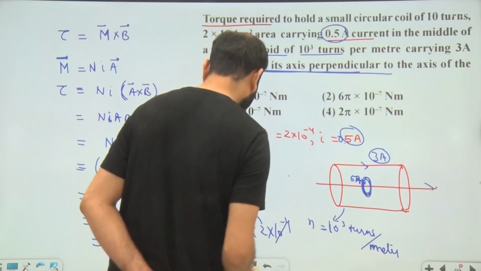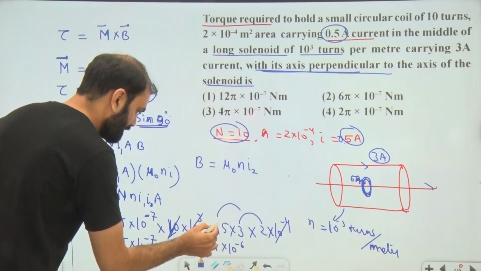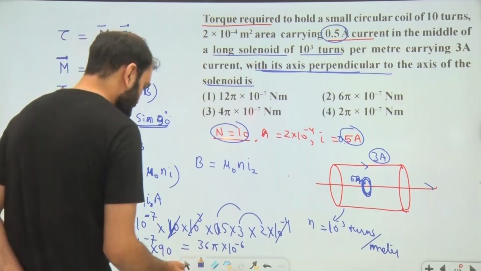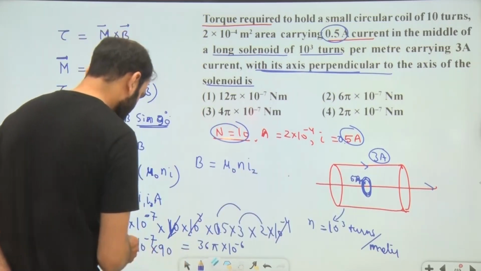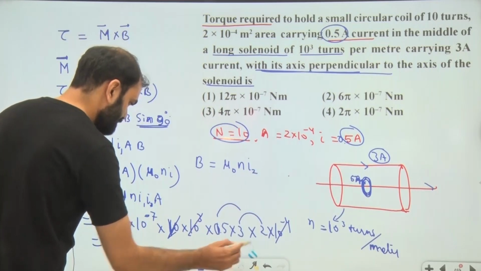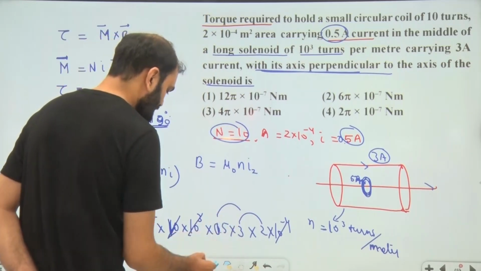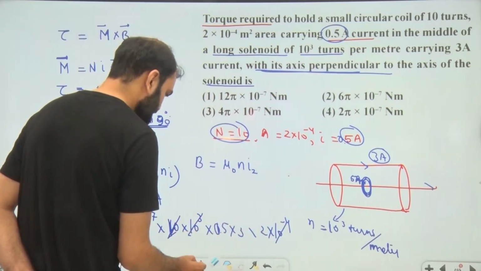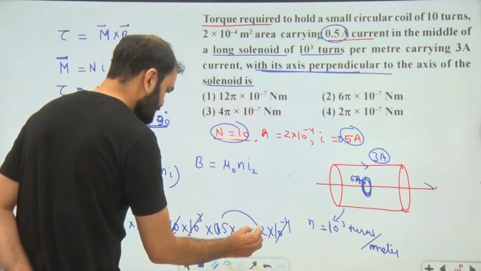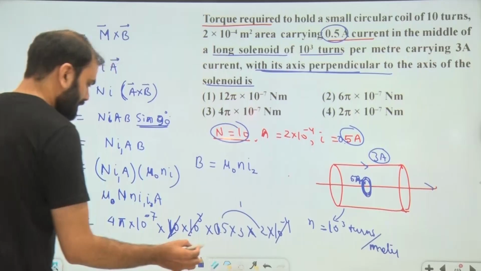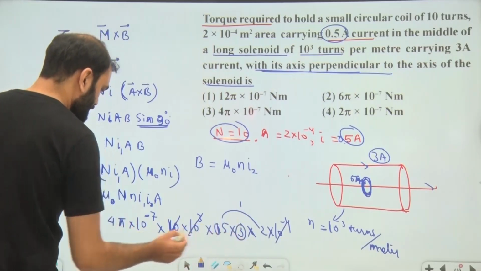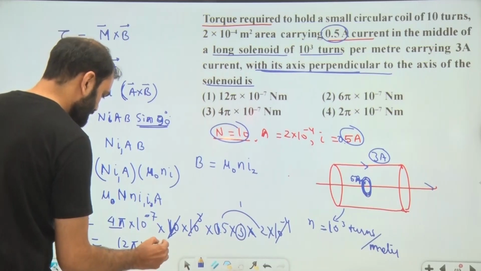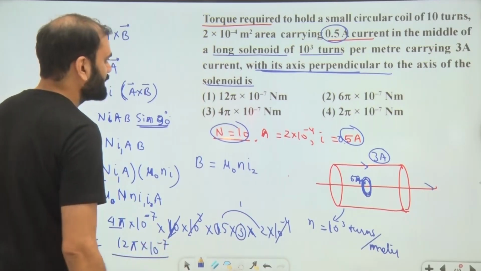So 0.5 multiplied by 2 becomes 1. Now multiply 3 with 4 pi, and you get 12 pi into 10 raised to power minus 7.